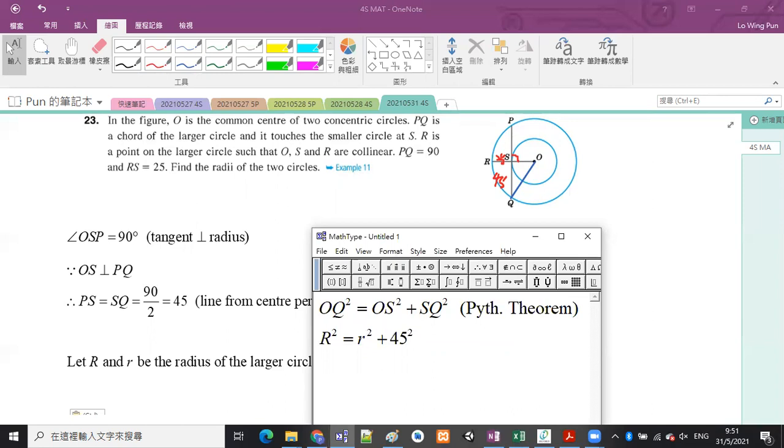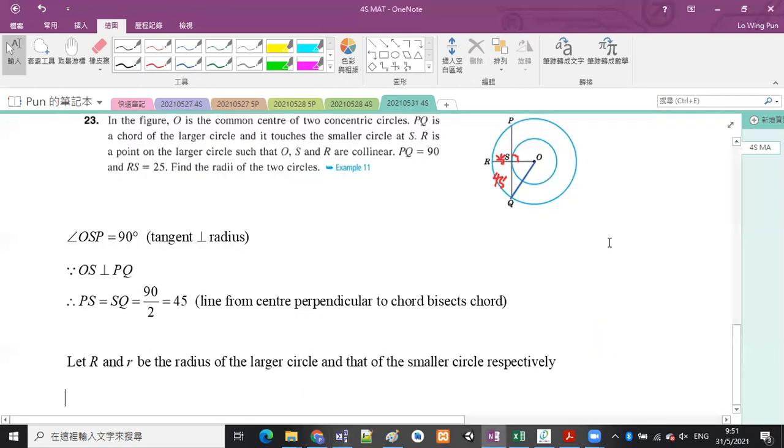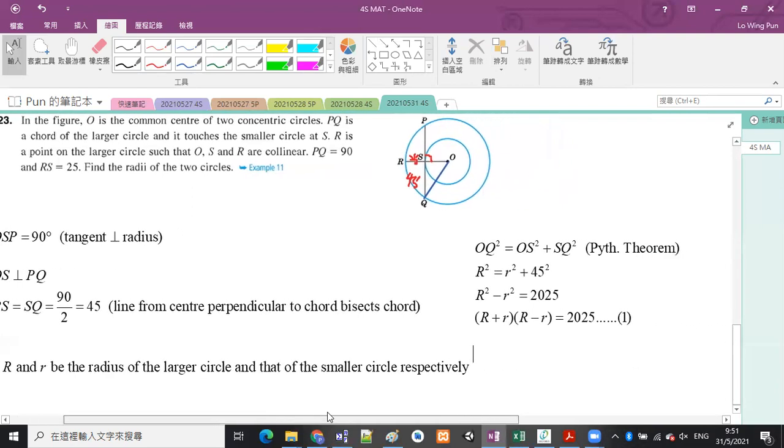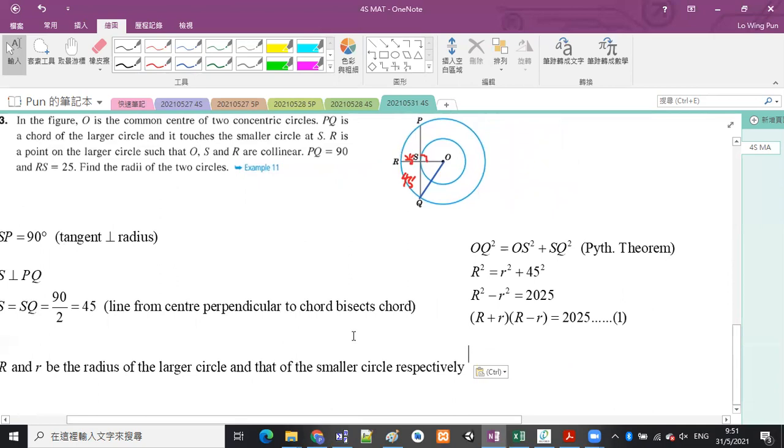And I'm going to put the small r square to the left hand side. And this is 2025. And I can also factorize the left hand side. Okay, and I'm going to label this to be equation 1. Get this?